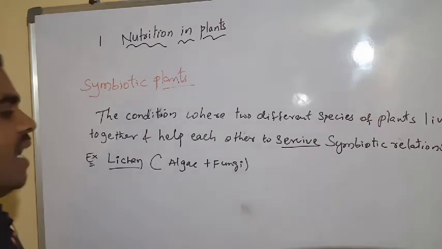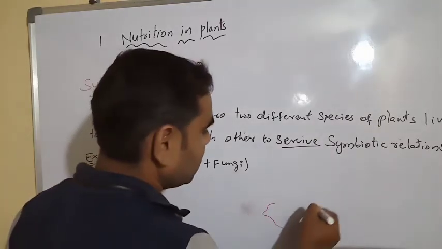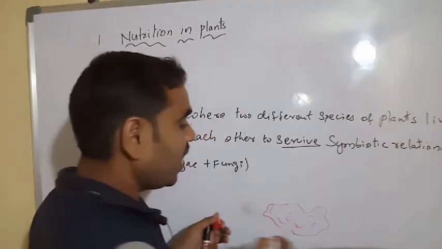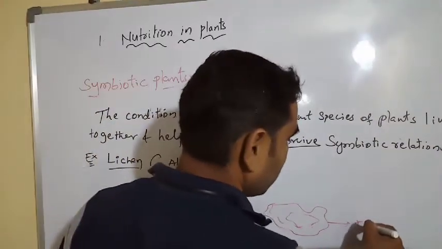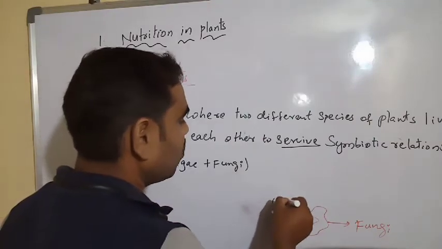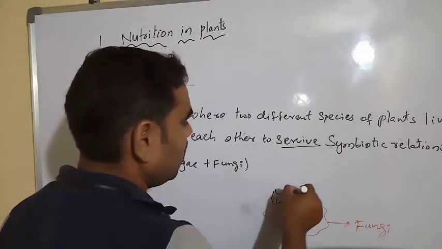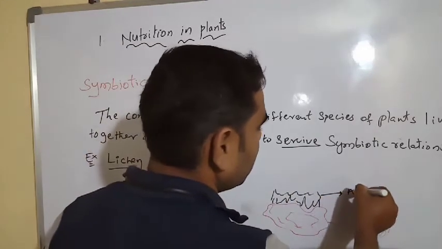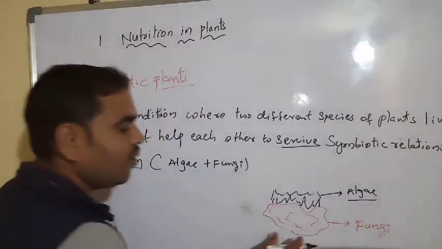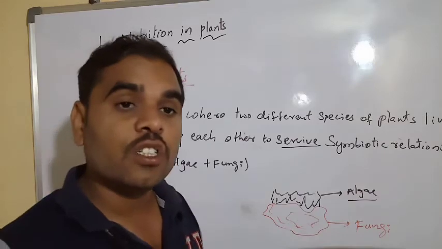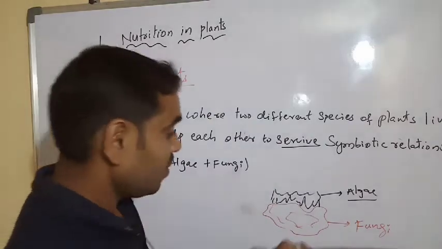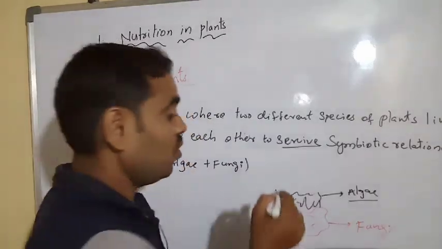For example, this is algae and this is fungi, and algae grows like this. Fungi gives shelter to algae.